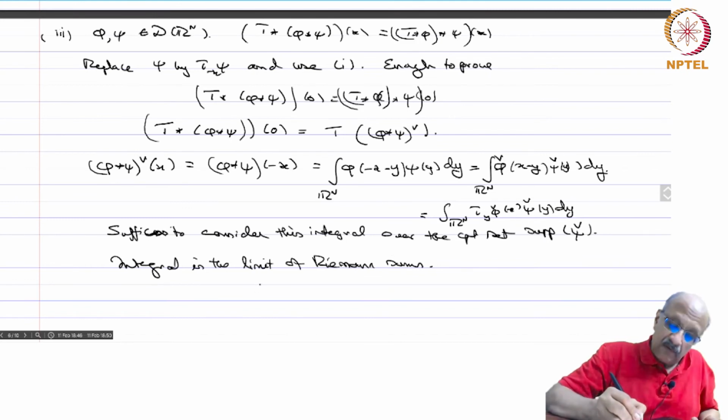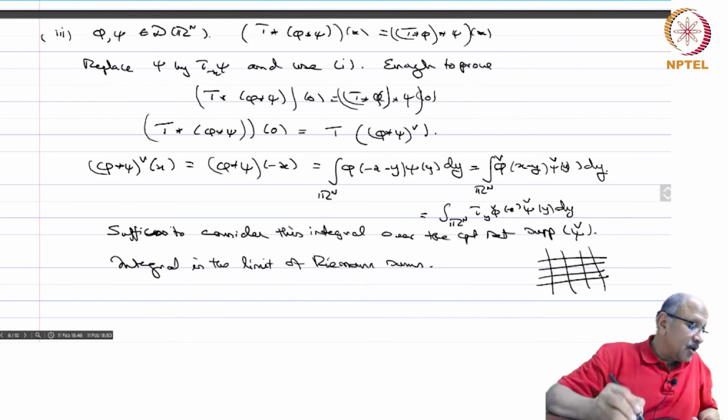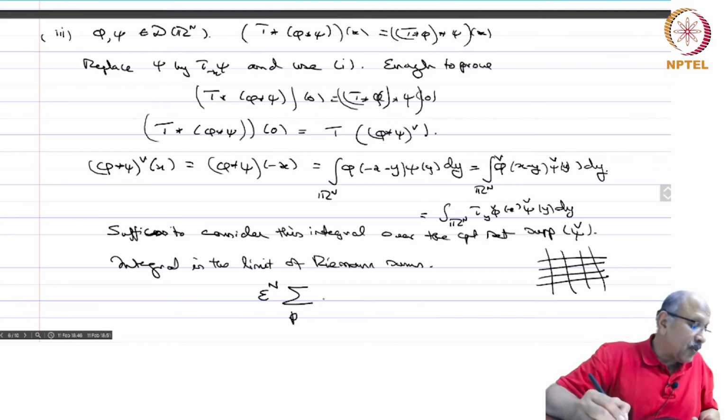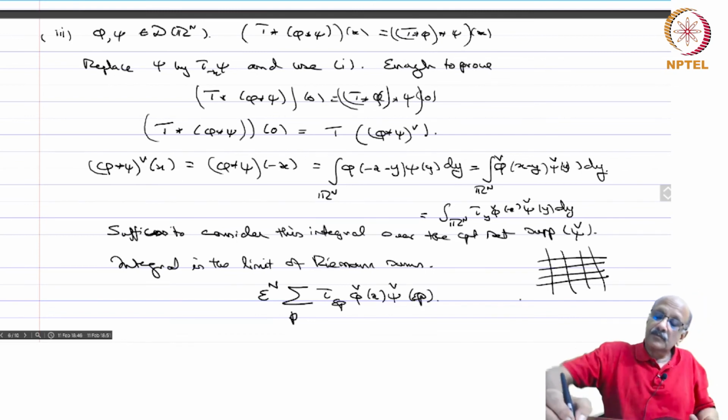So, I am going to take the integral lattice points, with epsilon as the mesh size. Each cube has volume epsilon power n, into the sum over all integral lattice points p of tau of epsilon p phi chesh of x, psi chesh of epsilon p.